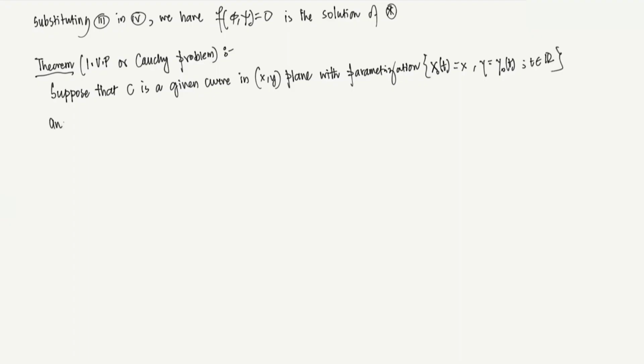And suppose x naught prime of t and y naught prime of t are piecewise continuous.